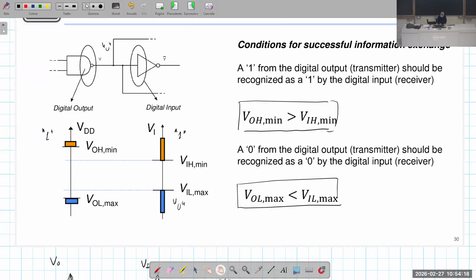On the other hand, we can have VOH minimum larger than VIH minimum, so we have some margin here and some margin here, and actually this is a good feature. Before going on, are these two requirements clear?